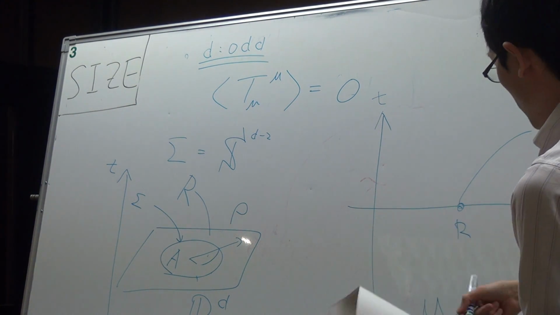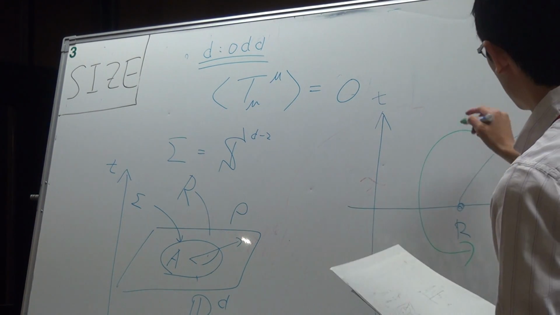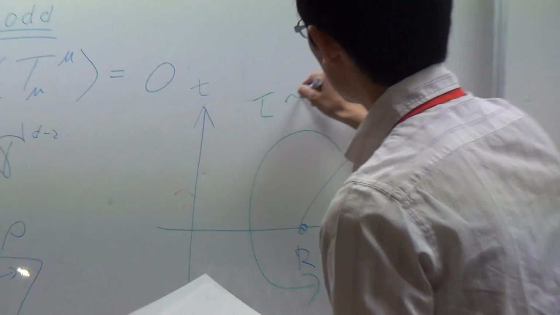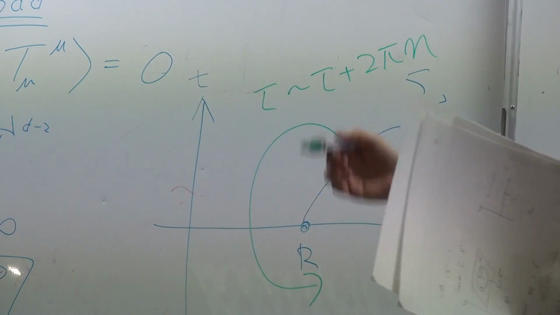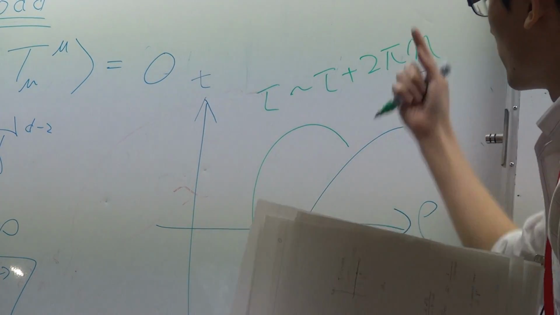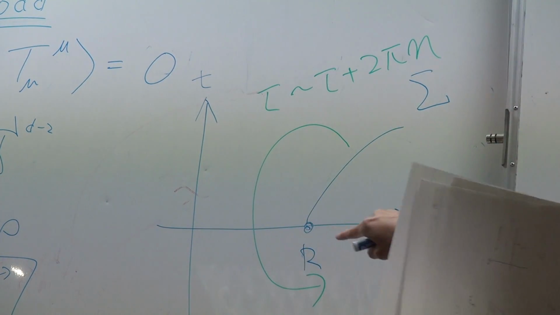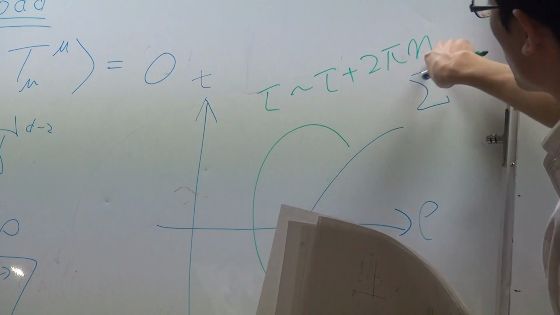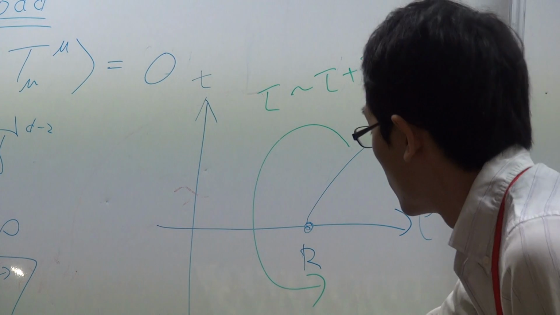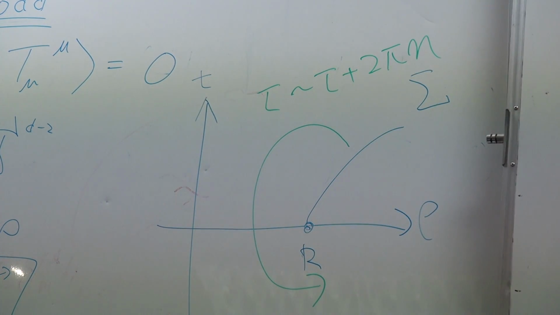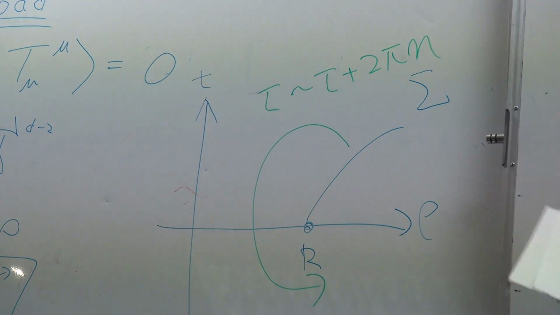So M_n is taking the cycle tau, whose period is now not 2 pi but 2 pi times n. Tau parameterizes the coordinate around this point, but here you have 2 pi n periodicity in this direction. This is M_n, and it is not easy to imagine, so I'd like to use a conformal mapping to make it clear.